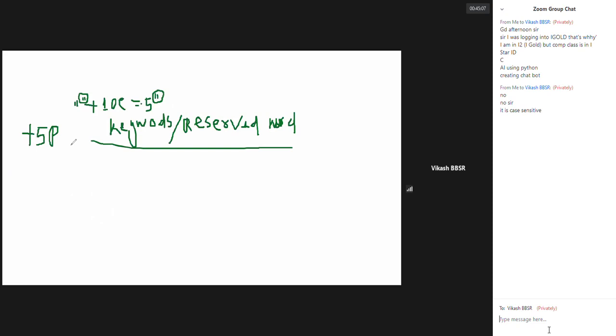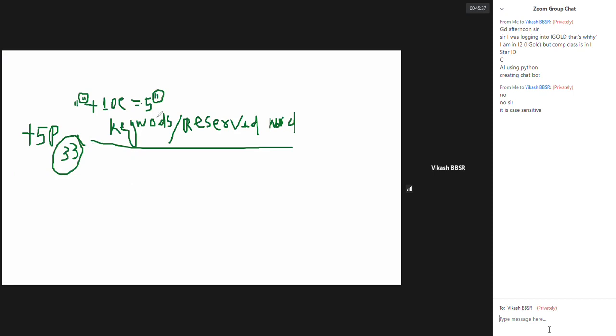How many keywords does Python use? How many? So there are 33 keywords present. Remember, question, sub question. 33 reserved words or keywords are present. Clear to all of you? Okay.